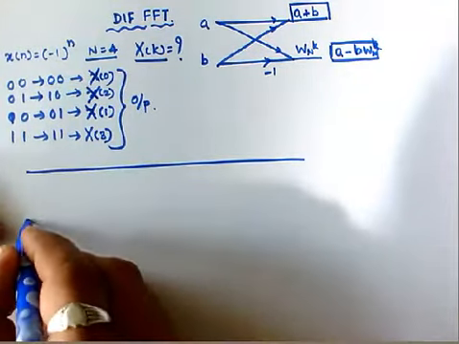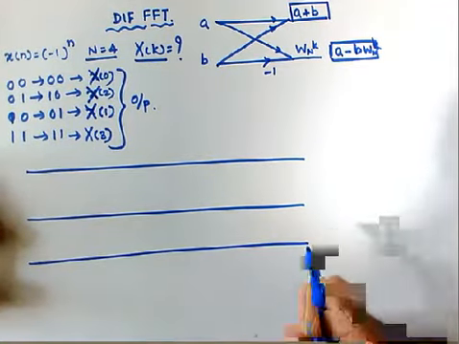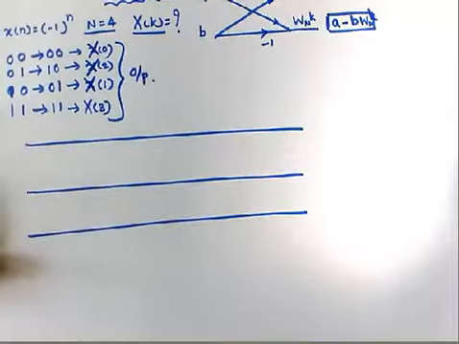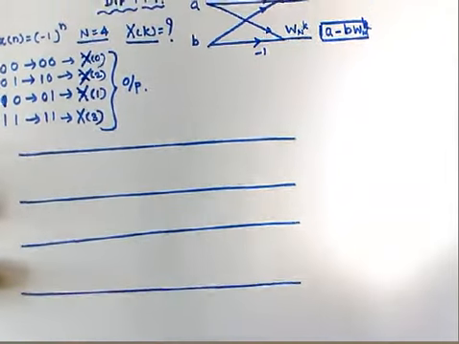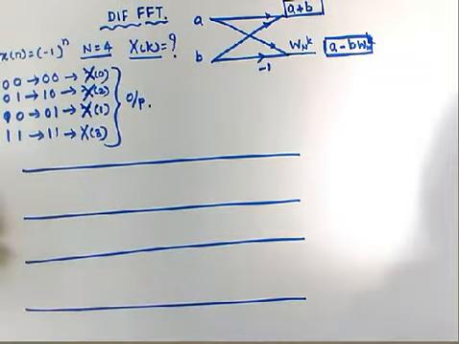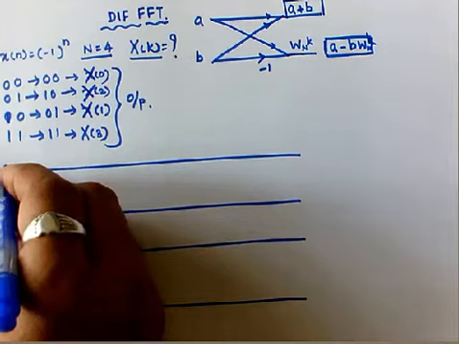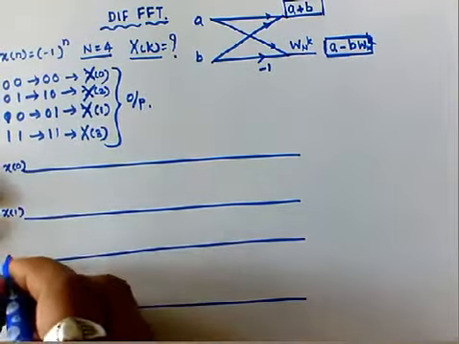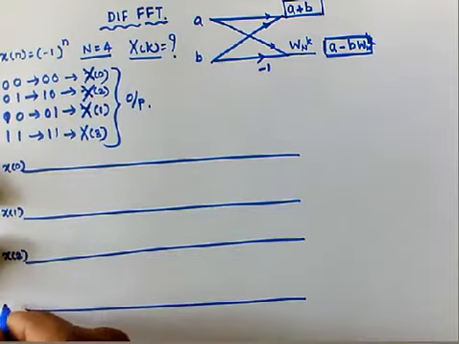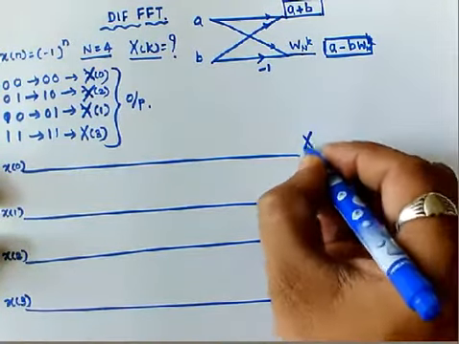Let's plot it. So we will go for plotting the butterfly structure. Here the input sequence will be in an arranged manner, so it is x of 0, x of 1, x of 2 and x of 3, and the output will be shuffled.